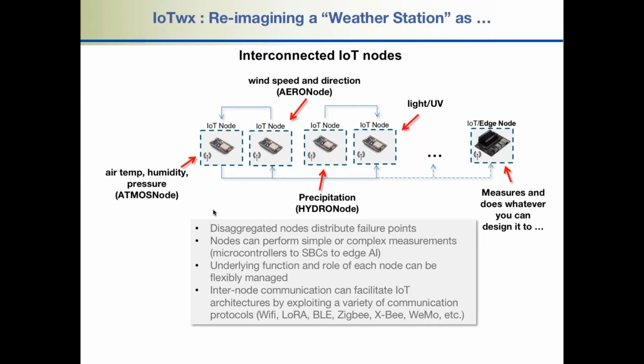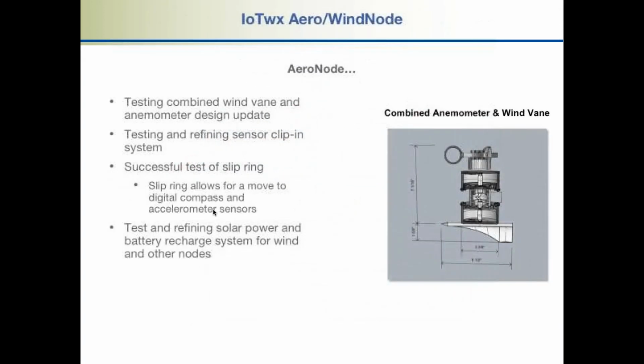So if you look at the wind node here, this is one thing that we've done differently. Previously, these were two separate units. And of course, when you have two separate units, you're going to have power and all of the components associated with them. So what we've done is we've combined them into one system, and we're testing it with a thing called a slip ring, which basically allows it to spin around, but without the wires inside the sensors getting tied up.